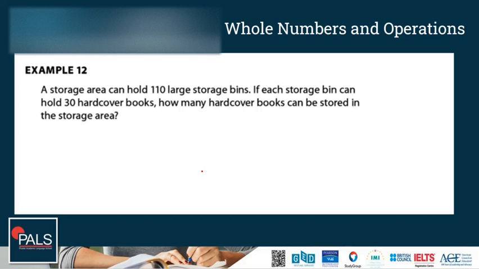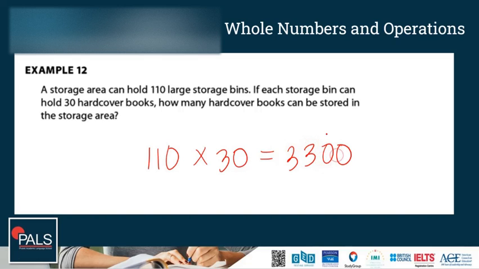Anytime you are finding a total involving groups, you will multiply. Each bin can hold 30 books, and there are 110 bins in the storage. So 110 times 30. The answer is 3,300 books can be stored in the storage area.